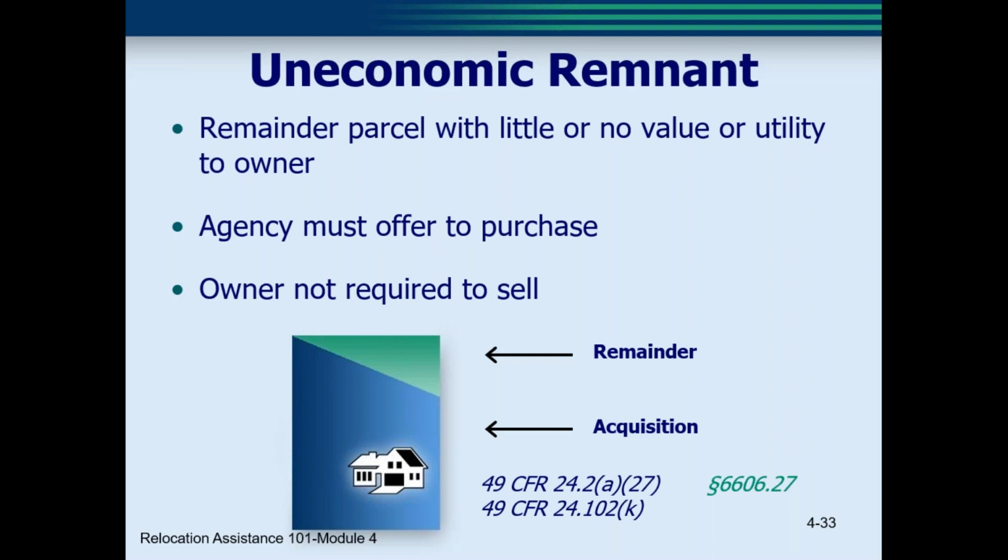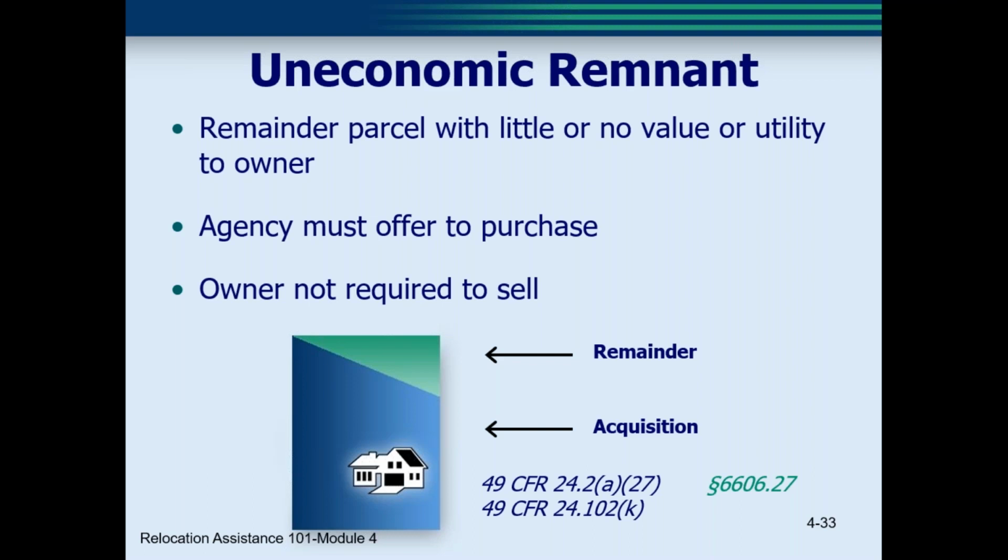If the agency determines that the remainder parcel has little or no value or utility to the owner, it is identified as an uneconomic remnant. When this happens, the agency must offer to acquire the uneconomic remnant from the owner, along with the property needed for the project. However, the owner is not required to sell ODOT the excess property.